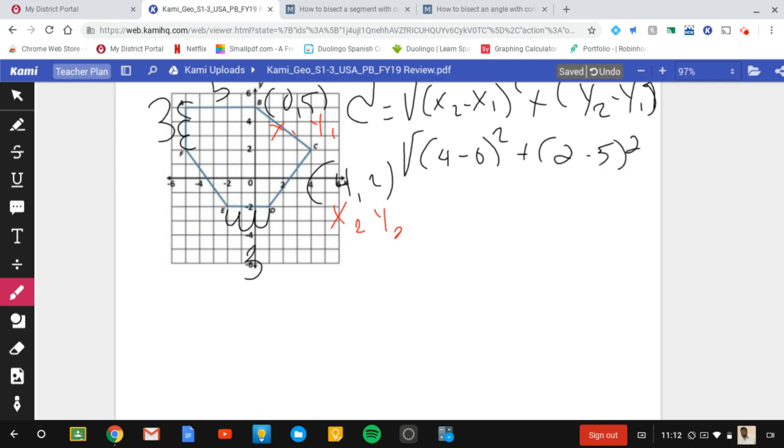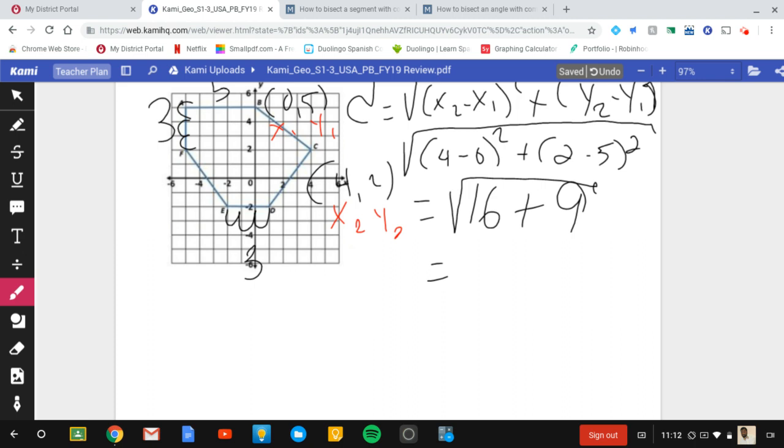And yes, don't forget you're taking the square root of the whole thing. 4 minus 0 is just 4. 4 times 4 is 16. This is 16 plus 2 minus 5, which is negative 3. Negative 3 squared is 9. So this is the square root of 16 plus 9, which is 25. And the square root of 25 is 5. So the distance between B and C is 5.